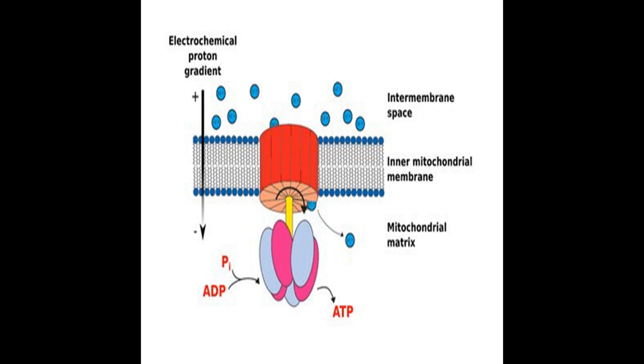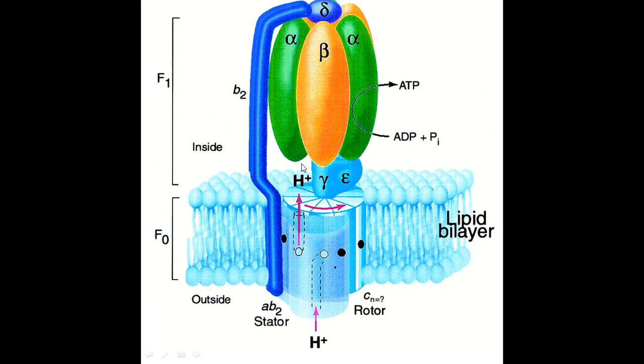So let's look at the ATP synthase structure, which is the main enzyme involved in oxidative phosphorylation. This is basically the structure of the ATP synthase. As we discussed, where the hydrogen ions are is the intermembrane space.